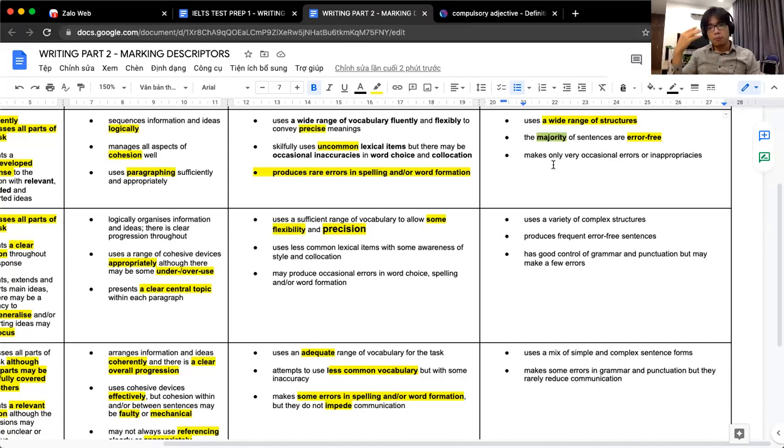And usually your mind will subconsciously or unconsciously make grammatical mistakes. And even native speakers will do this as well. Okay, so it is a very good practice. I would argue it is a necessary one, a highly recommended one, that you proofread your essay one last time before you submit.